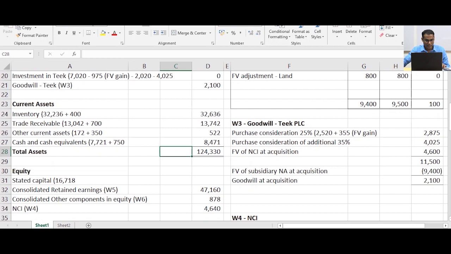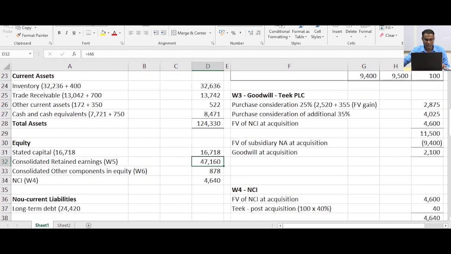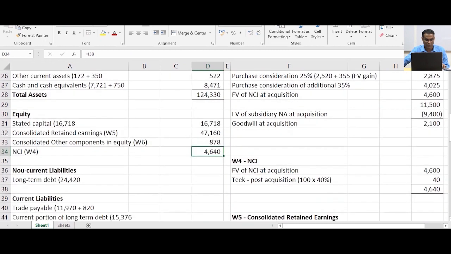Then under the equity, stated capital 16,718. Consolidated retained earnings 47,160. Consolidated other components of equity 878. Non-controlling interest 4,640. We have taken everything. Then the long term debt under the non-current liabilities 24,420.